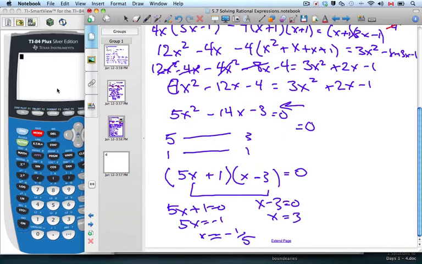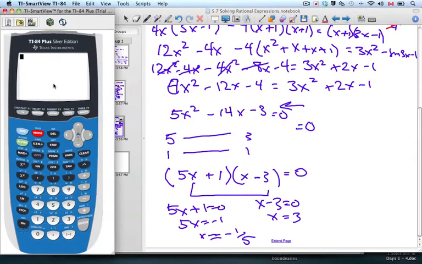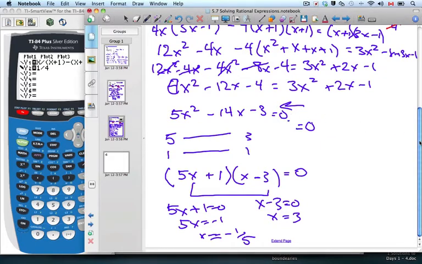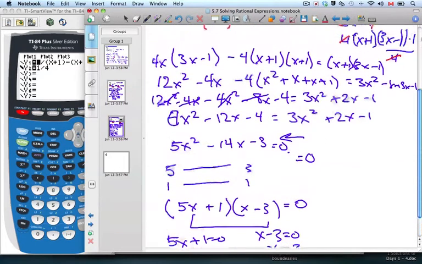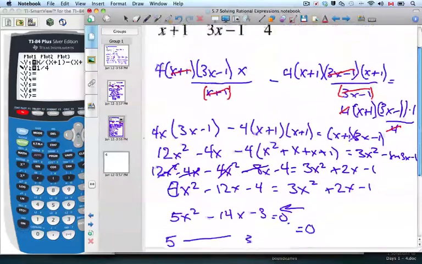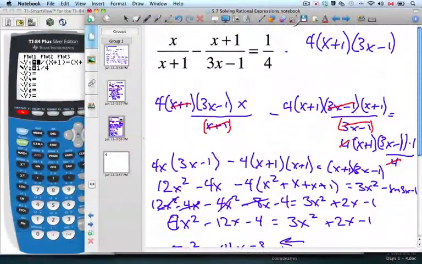Now, we have to be really careful with this one graphically because it's going to be a big mess. So let's take a look and see what we can do. I took the liberty to add these equations in. And when you do the top equation, let's actually go back to our equation and see what it says. When you do this top equation here, be careful to put things in parentheses.